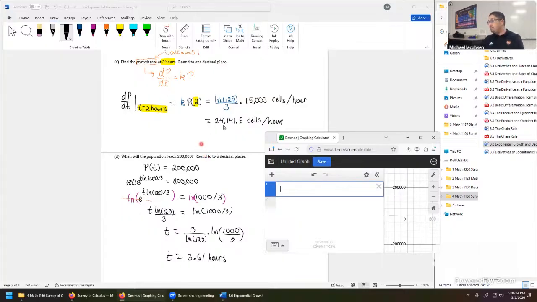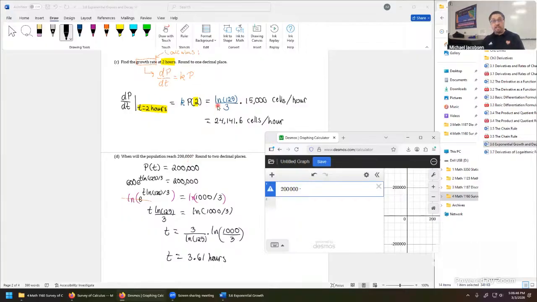And just for the sake of really hammering down this derivative, changing at any time, at 2 hours, we're growing at a rate of 24,141.6 cells per hour. But what about at 3.61 hours? That's an approximate value. Population size is exactly 200,000.